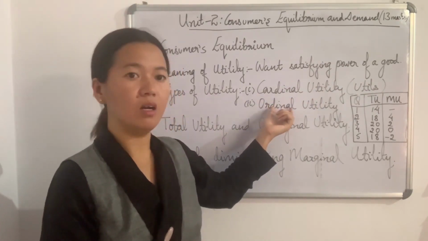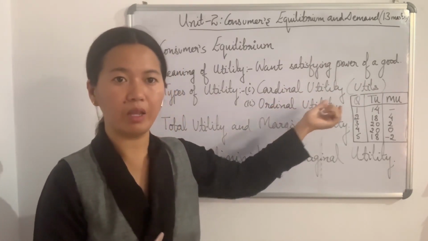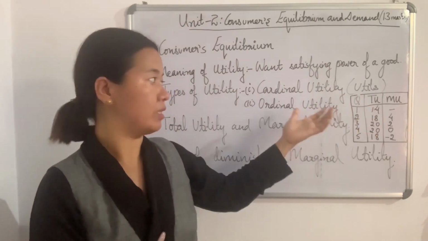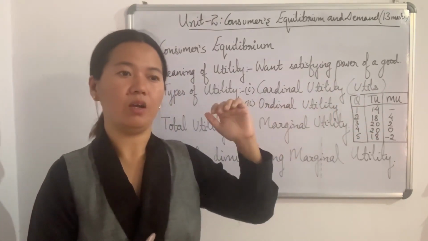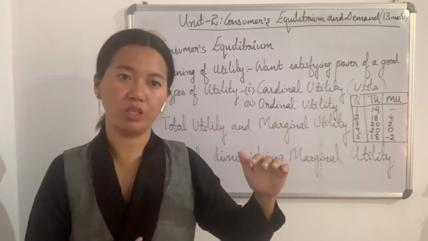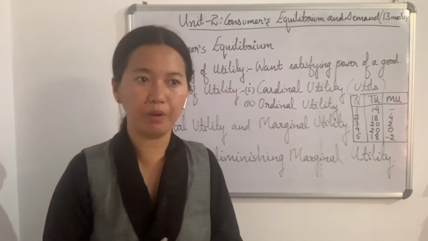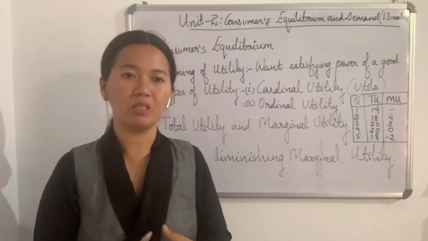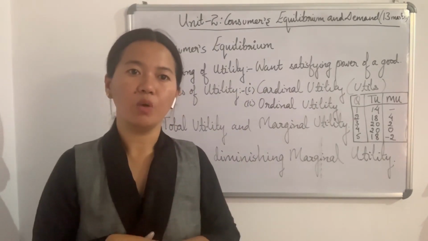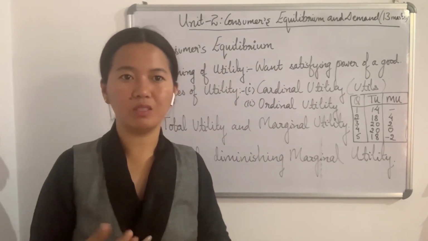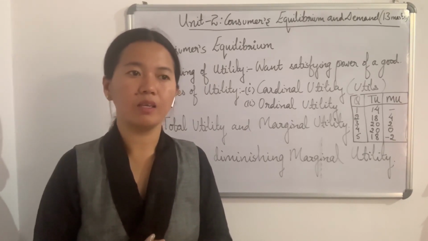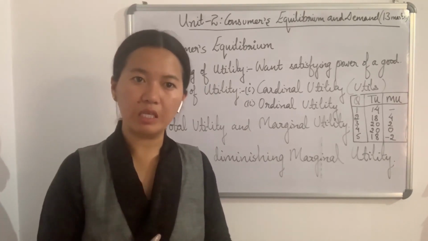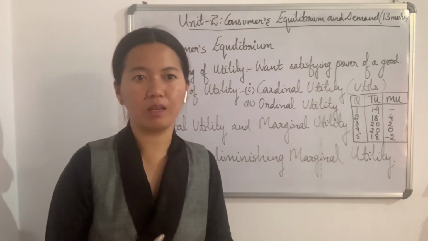And ordinal utility is used by the economist Hicks, and he says that this utility or satisfaction cannot be measured in terms of numbers. We can measure it in terms of ranking, which means that we have to compare 2 goods or services and their satisfaction. Like tea offers you more satisfaction than coffee.